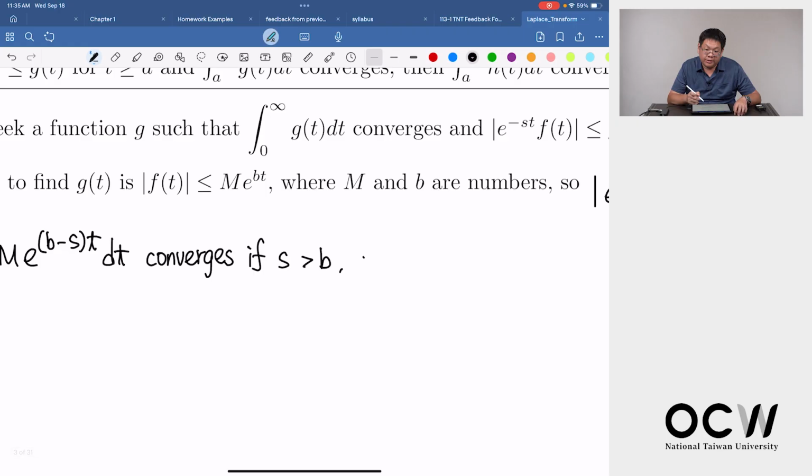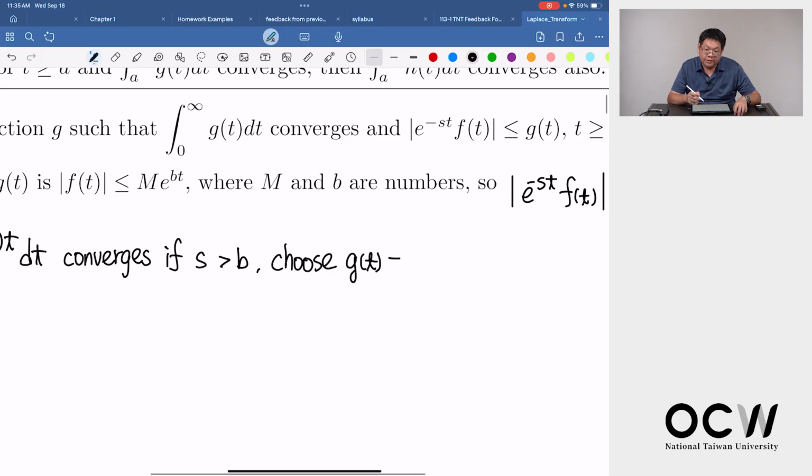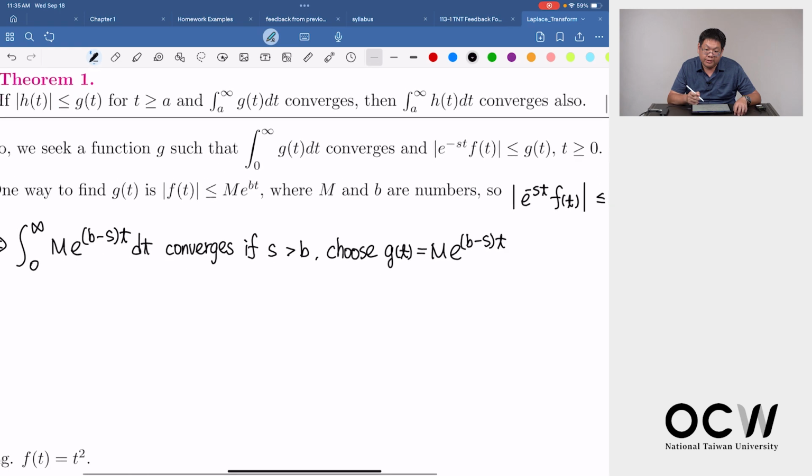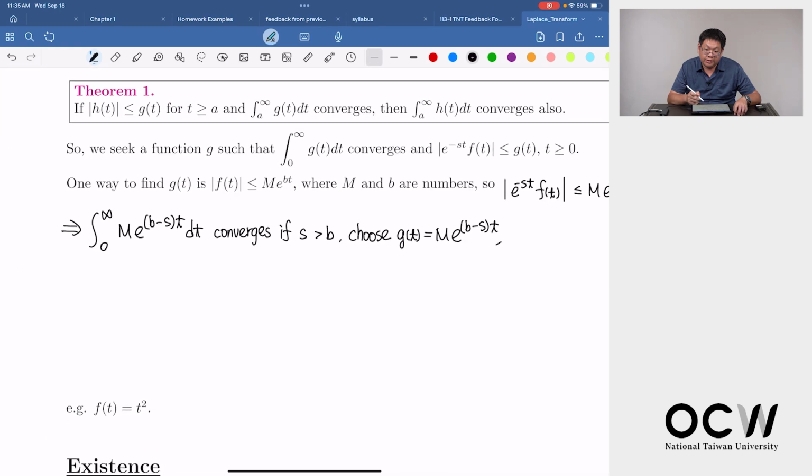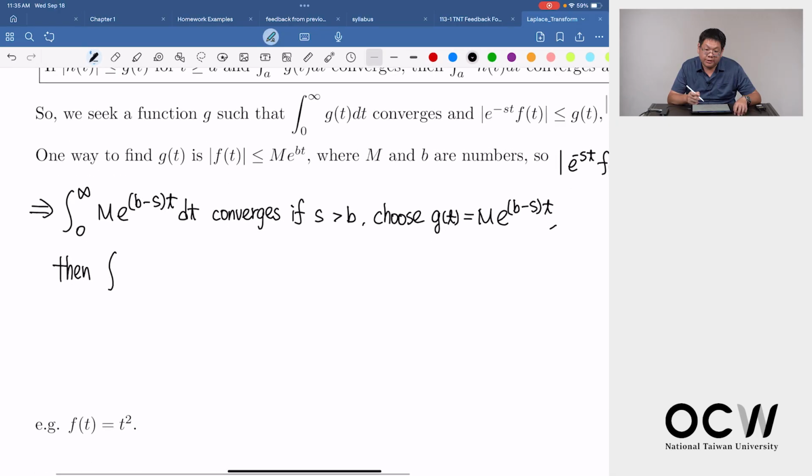Then we can choose the function g to be M times e to the (b minus s) times t. Then the integration from 0 to infinity of e to the minus st times f converges.